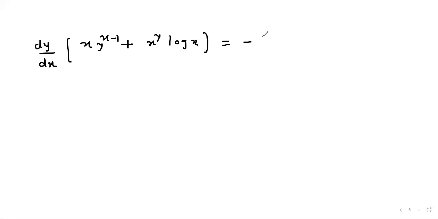So it will become y power x log y plus y x power y minus 1 plus x power x times 1 plus log x.